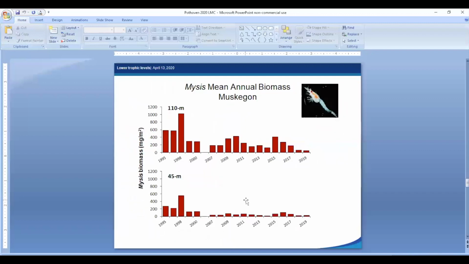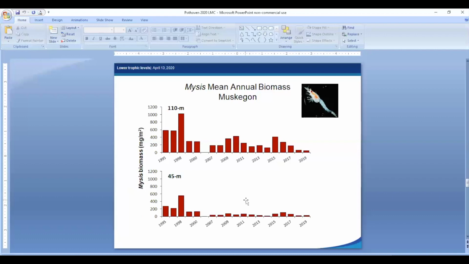Next, we'll look at the Mysis biomass. This is from two sites off Muskegon that there's a long-term data set for. And you can see the numbers have gone up and down over time, but 2019 was definitely on the low end of what we see. And I think it might be, for the offshore at least, the lowest numbers we have in this time series.